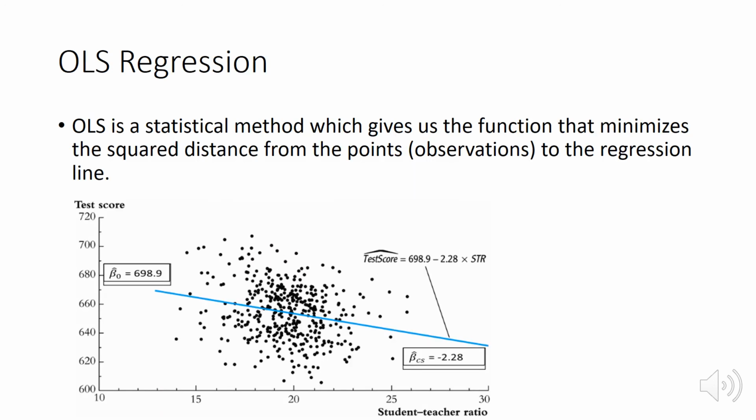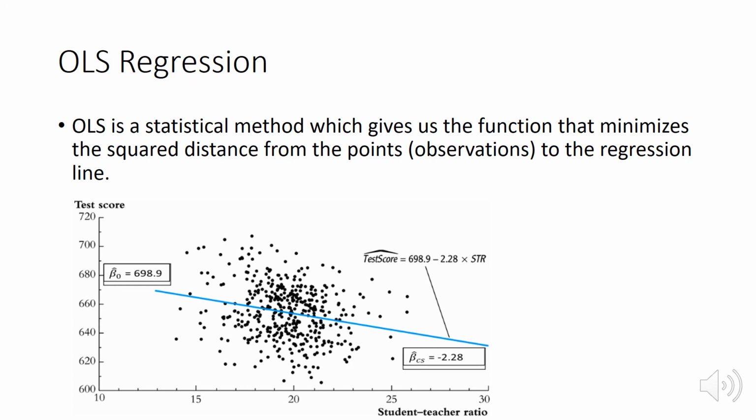But this statistical technique that we were talking about, regression, in particular OLS, ordinary least squares, is a statistical method which gives us the function that minimizes the squared distance from the points to the regression line. Again, very verbose. This is not a math class. You don't need to know what that means mathematically, but conceptually, in performing this statistical technique, we're given a line of best fit.